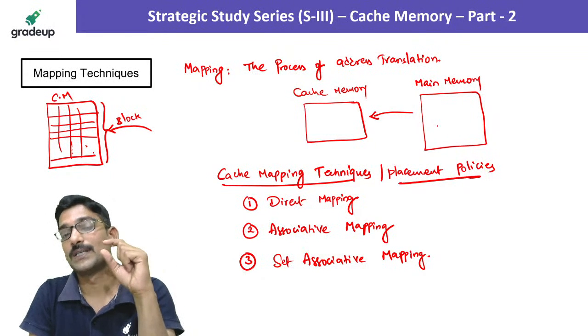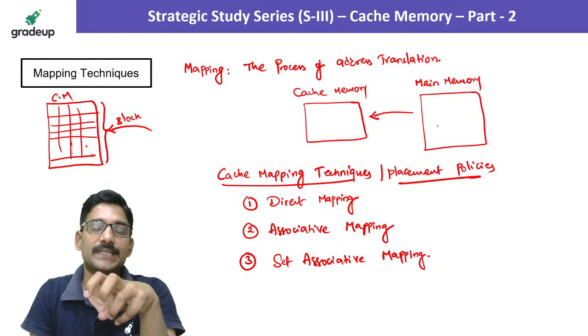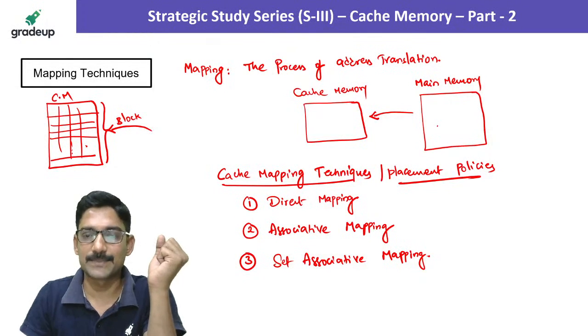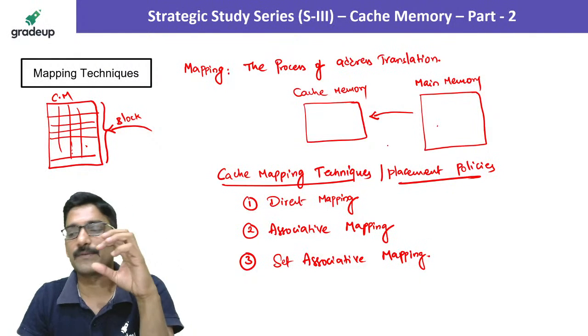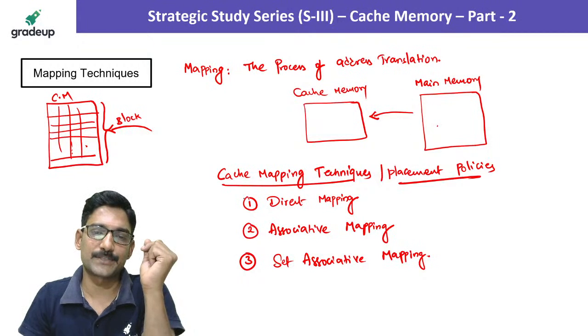That is what is decided. So the place in cache memory is decided by these policies. That's why we call this a placement policy.